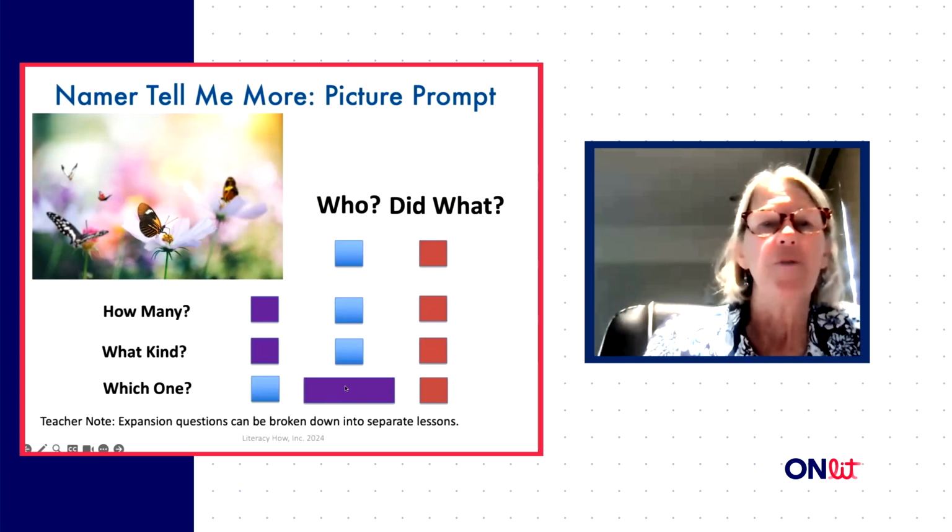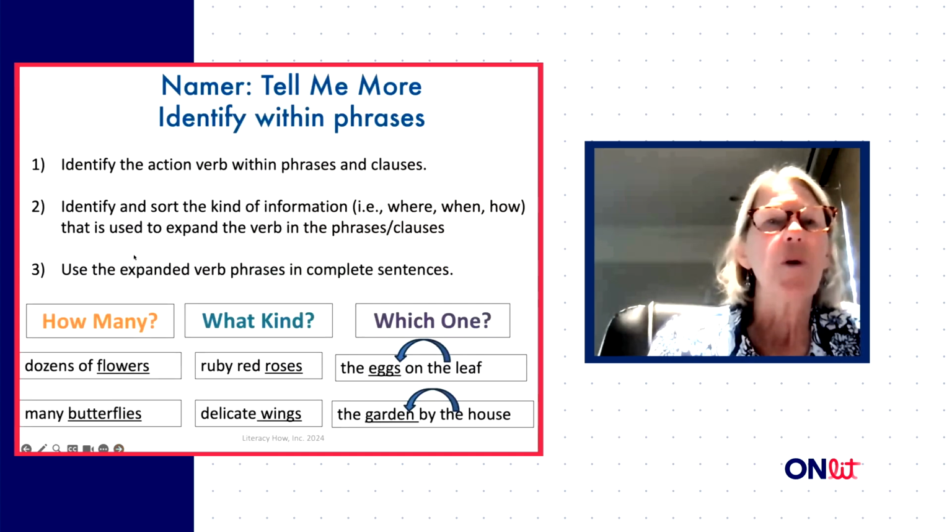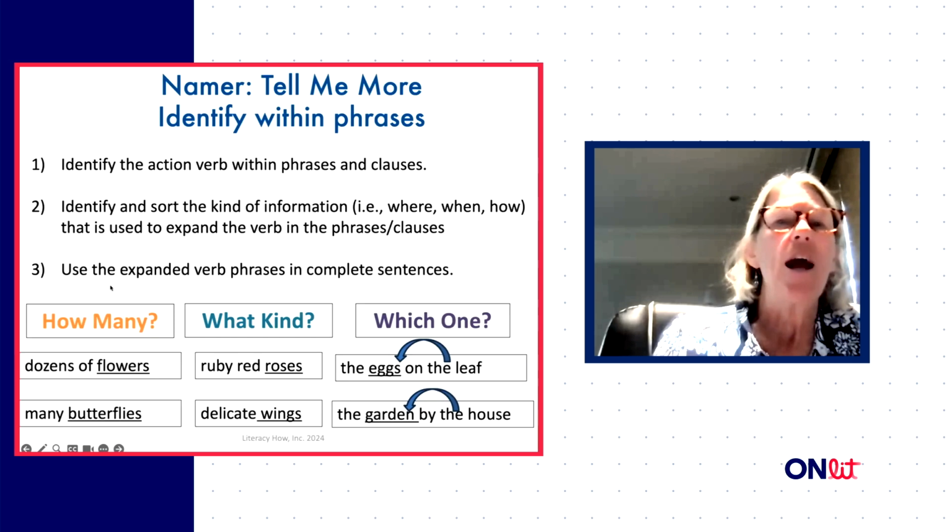Butterflies with colorful wings fluttered. So it's important to do this orally. We also want to identify this action verb within the phrases and clauses because we've talked about these adjectival phrases and adjectival clauses.